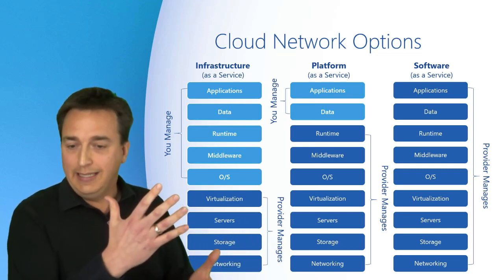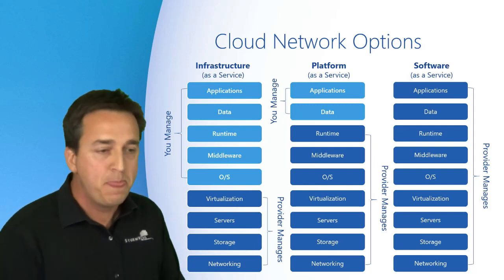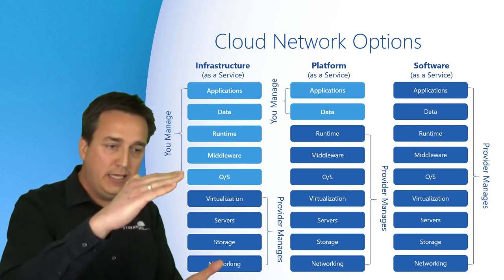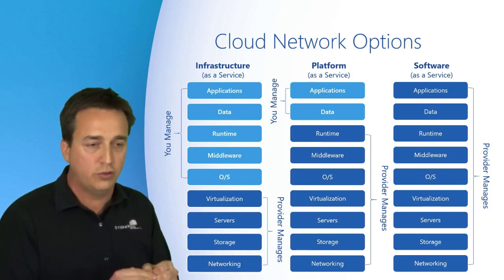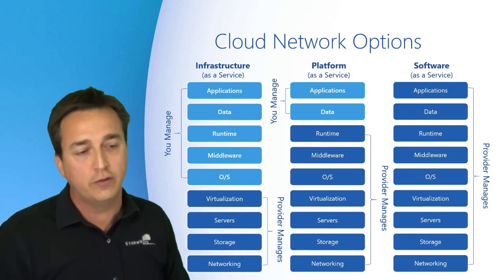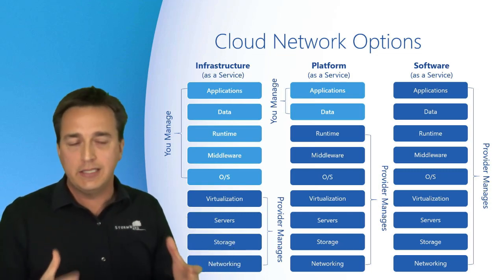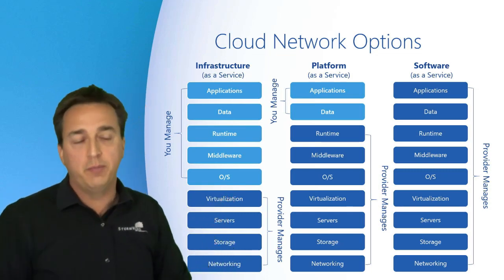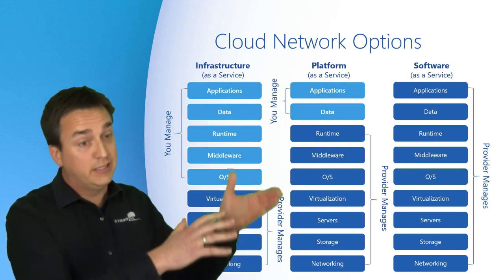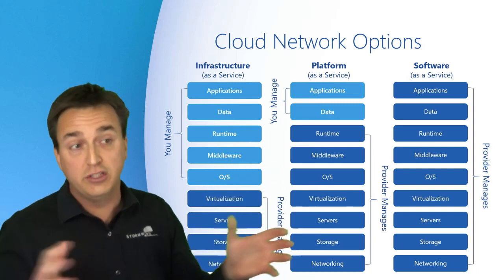So when you're with the infrastructure as a service option, the provider manages the virtual and physical networking, the virtual and physical storage, the virtual and physical servers, and the actual virtualization that is making all of this happen, whereas you manage all of this up here. But then platform as a service, that changes. Software as a service, that changes as well.